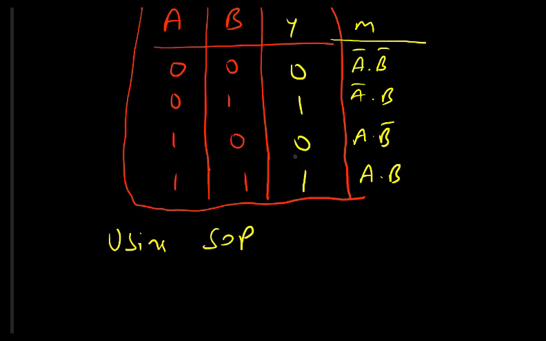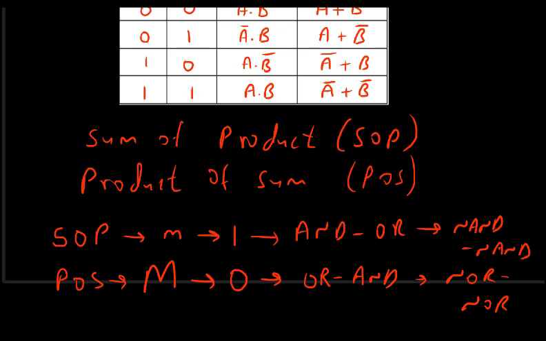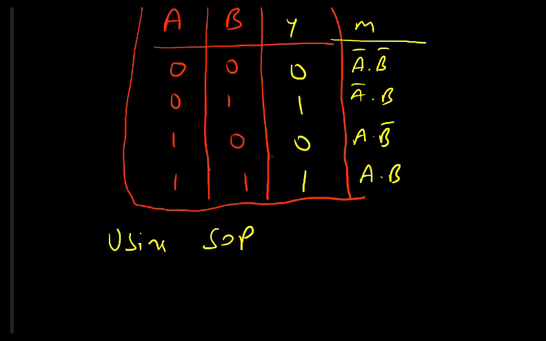Now for SOP, what rule do we have? For SOP equation, we take the min terms for which output is 1, which can be drawn by AND or NAND logic. So here, I will mark these two inputs with green. This combination has output 1, and here we have another min term for which output is 1.